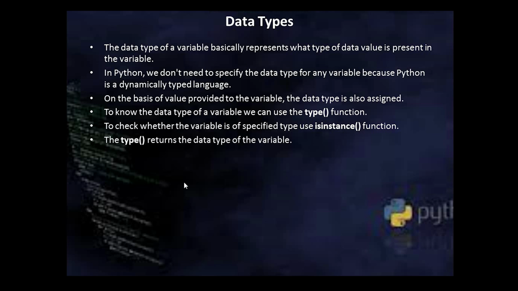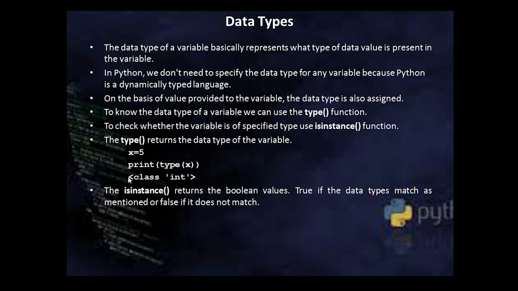As an illustration, see x equal to 5, print type of x, it is printing class int. And as I said, to isinstance we pass two arguments, one a variable and second a class name. If that variable is of that type, it will return true, otherwise false.